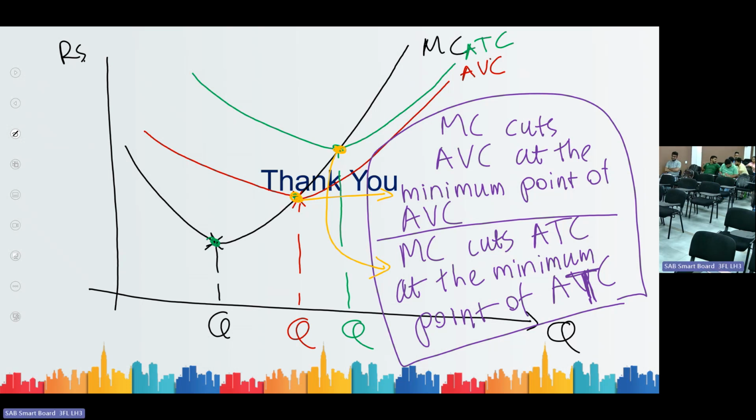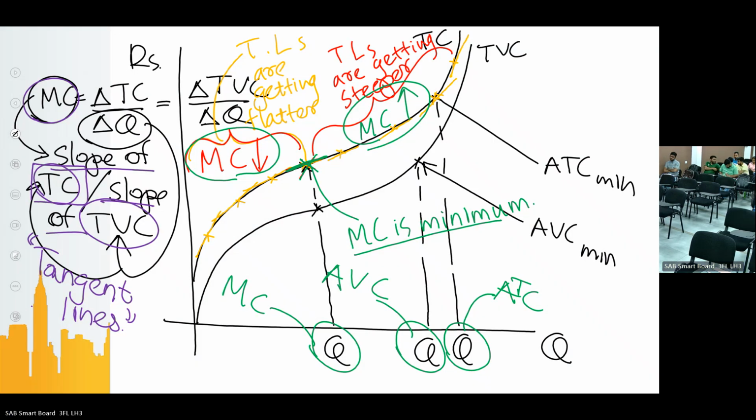So how does it happen? It will be clear if you look at these graphs. This is the point where ABC is minimum. That is the flattest straight line that we can draw.